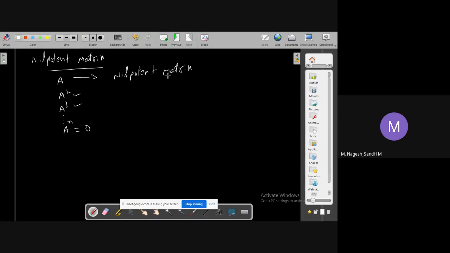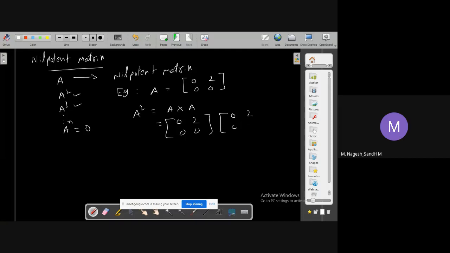To understand this, I'll give one example. A is equal to [0 2; 0 0]. What I'm doing is, you first do A square. Check it: A into A, that is [0 2; 0 0] times [0 2; 0 0].